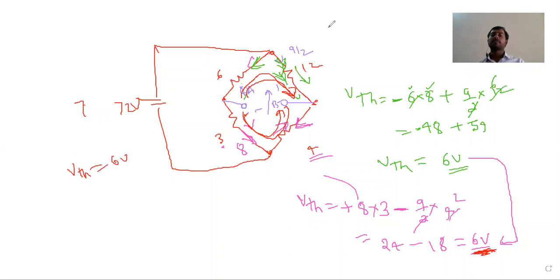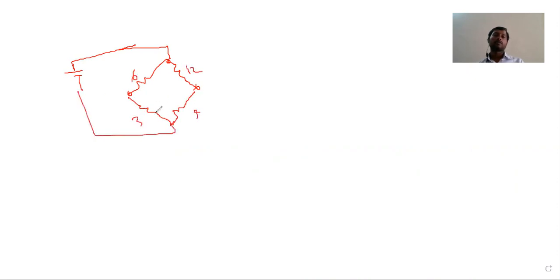Let's find the RThevenin for the same circuit. This is the actual circuit, 72 volts, and this is the bridge. This is 6 and this is 3, this is 12 and this is 4, and we should find RThevenin between these two terminals.